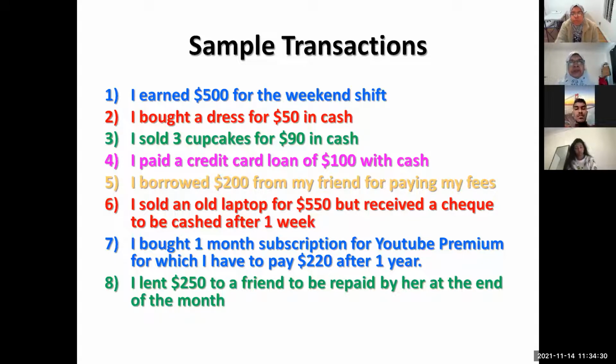$500 for weekend shift. So I am providing service, if I'm not wrong, for my shift. So $500 cash I am receiving, and that will be debit. And another one will be service, $500 credit.